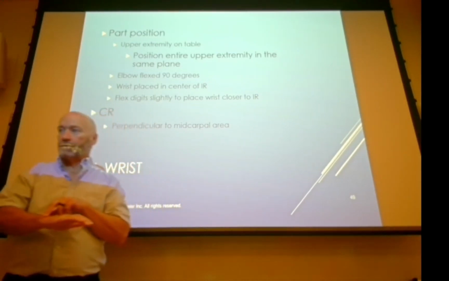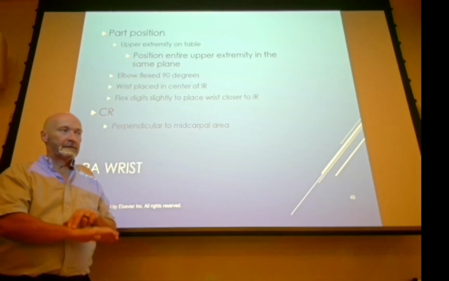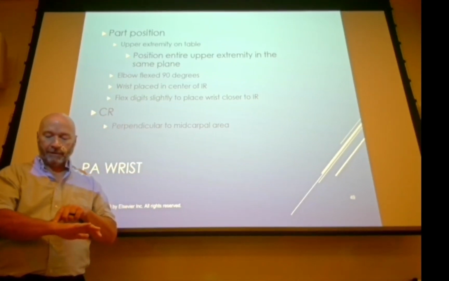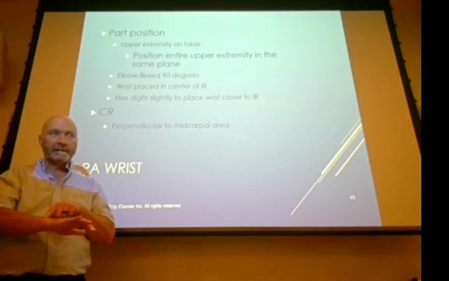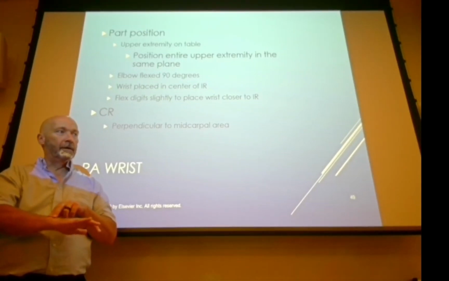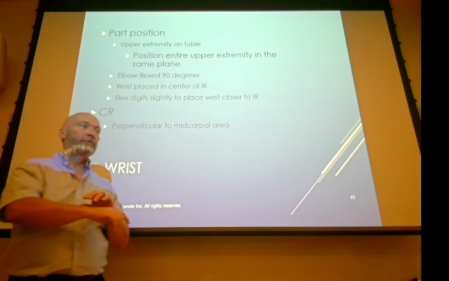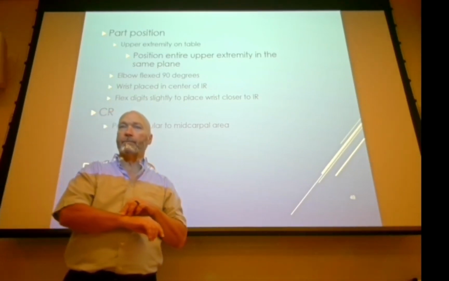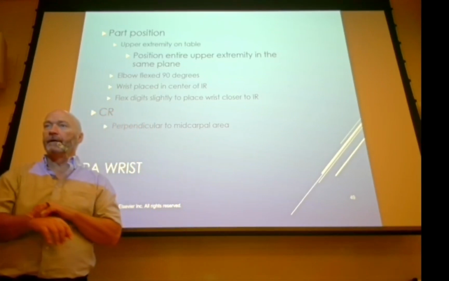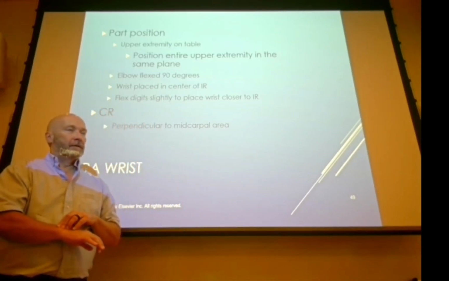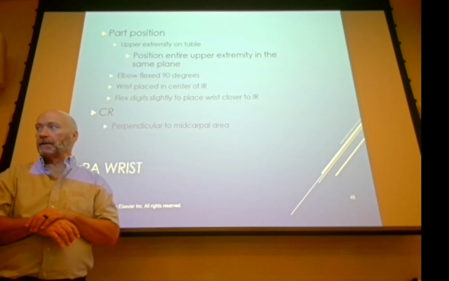So what I want you to do first is to put your hand on your desk and feel for your styloid process that we were talking about before. Your evaluation criteria in your Merrills is for the ulnar styloid process to be in profile. So you think of profile, what do you think of?